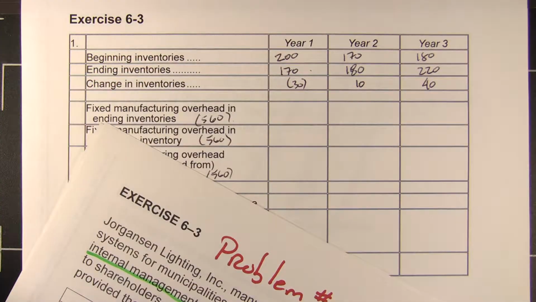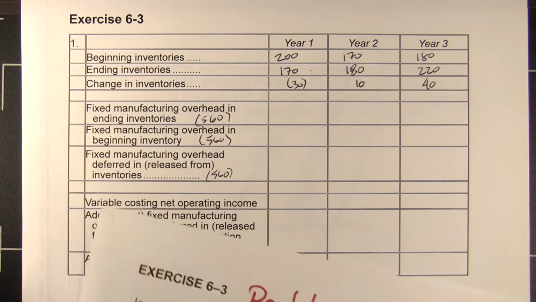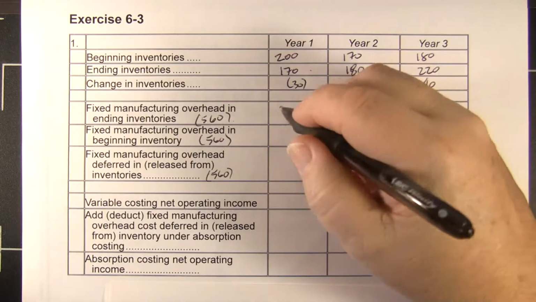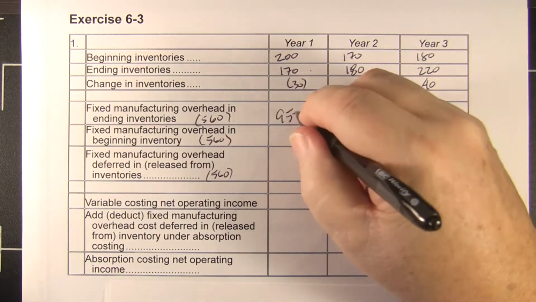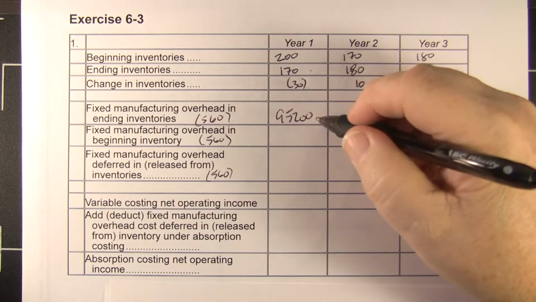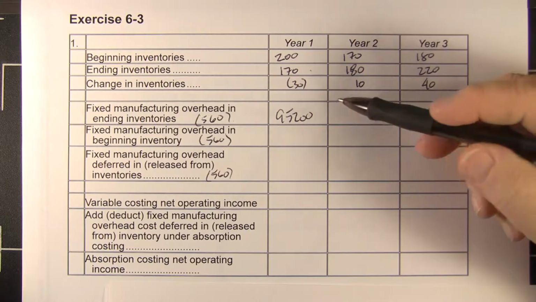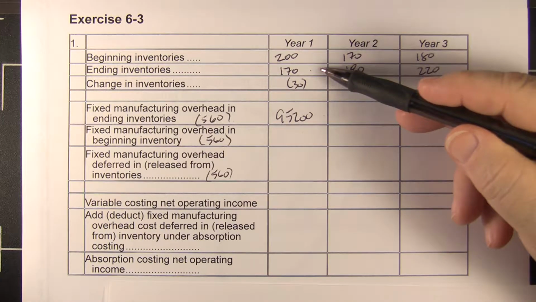You'll have to take my word for it. We get 95,200. So there's 95,200 of fixed manufacturing overhead in that 170.